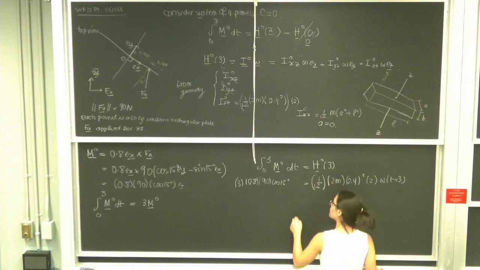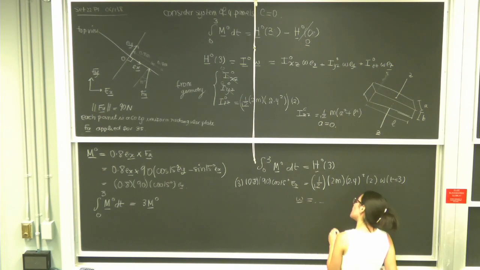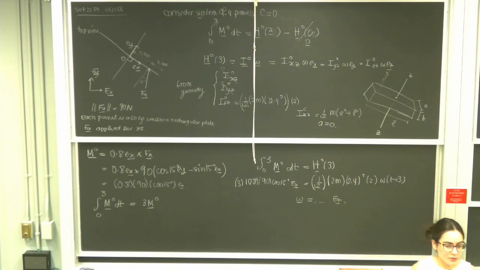Easy. And basically, we've solved for omega at t equals 3.